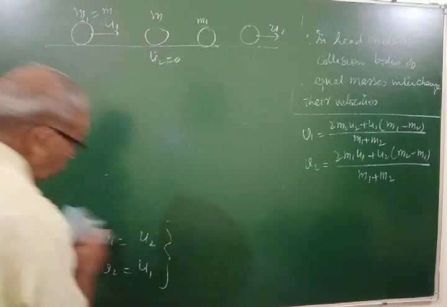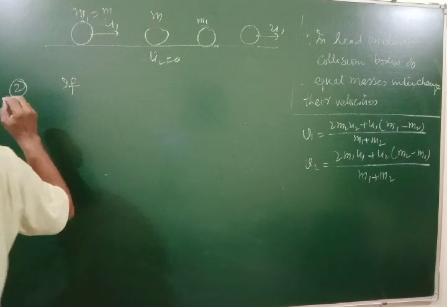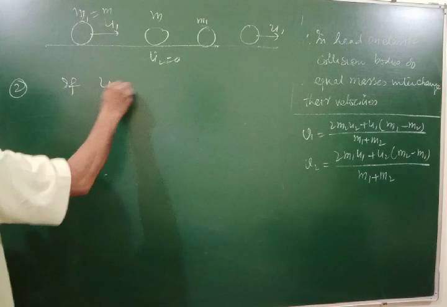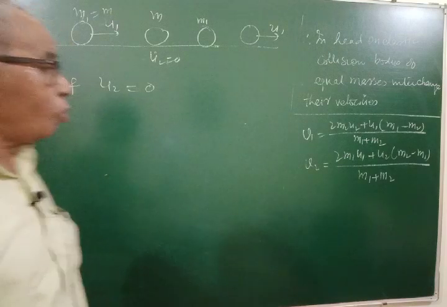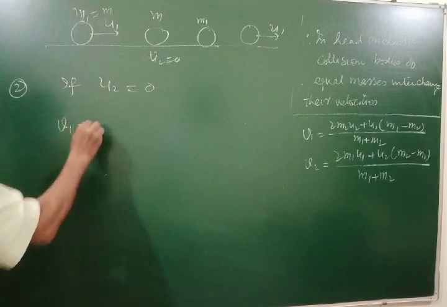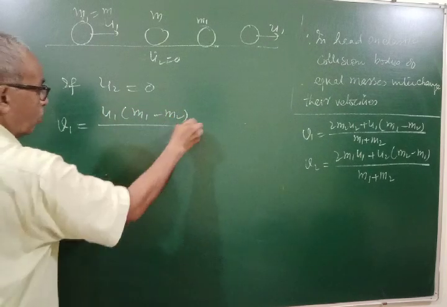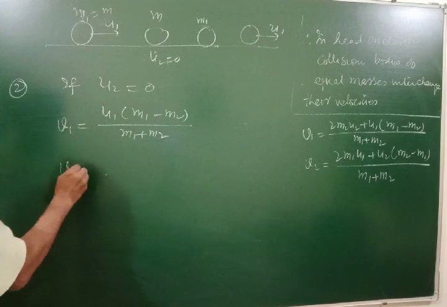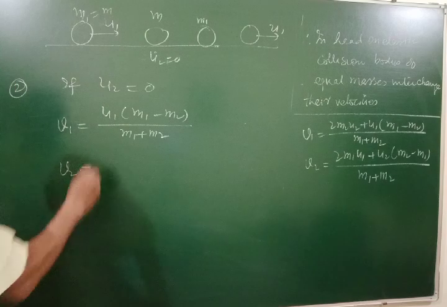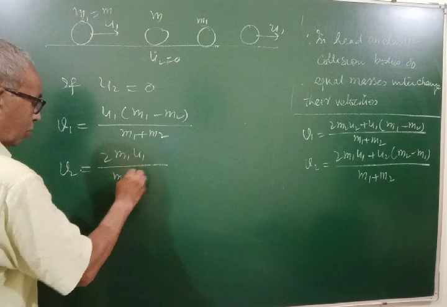Now is case 2. What is case 2 here? Second condition: if u2 is equal to 0, then v1 is equal to u1 (m1 minus m2) upon (m1 plus m2), and v2 is equal to 2 m1 u1 upon (m1 plus m2).